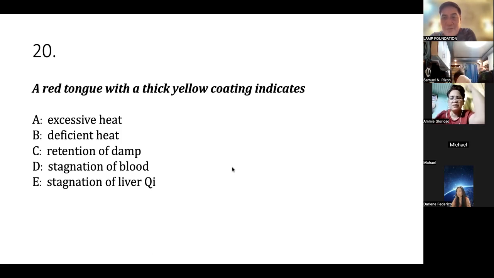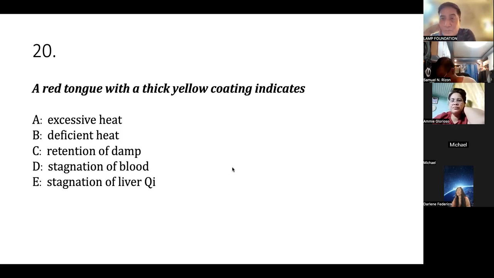Mukhang mas nabibingi kayo, madam, sa inyong earphone. Mahina din po kasi. Okay, anong kulay ng coating po sa deficient heat? Walang coating. Deficient heat. No coating, Doc. Okay, very good.